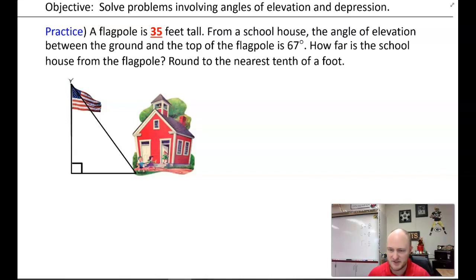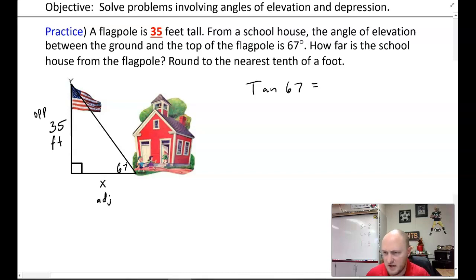Alright, hopefully you paused this. Based upon the information, the flagpole is 35 feet tall. There's an angle of elevation from the base of the schoolhouse to the top of the flagpole that's 67 degrees, and they want to know how far the schoolhouse is from the flagpole. So there is your equation. Again, this involves opposite and adjacent, so this is tangent.